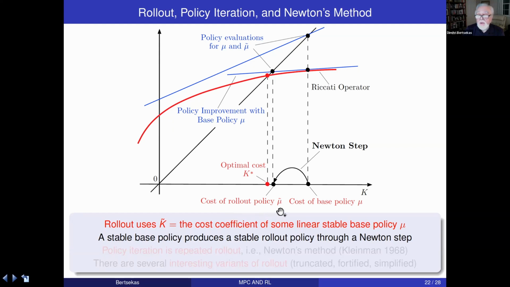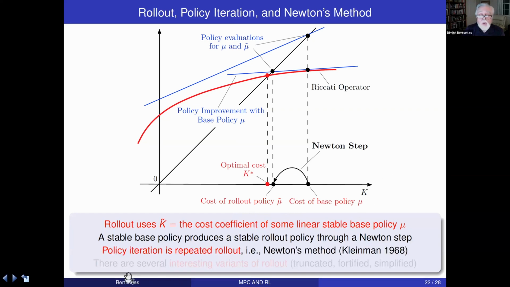And this is the cost obtained after a Newton step starting from here. And this policy here is called the rollout policy. The rollout policy, because of the Newton step, is typically much better than the cost of the base policy. That's an important fact for the success of the rollout method. And this has been verified, by the way, by many, many experiments over the years.